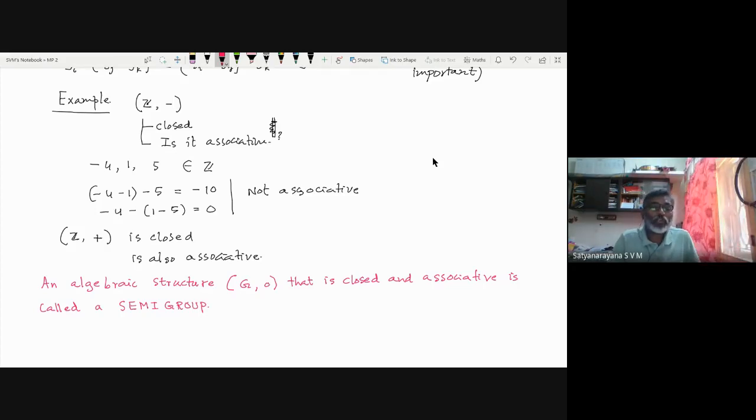There are actually 4 conditions. Out of them, if 2 are satisfied, then we call this a semigroup.